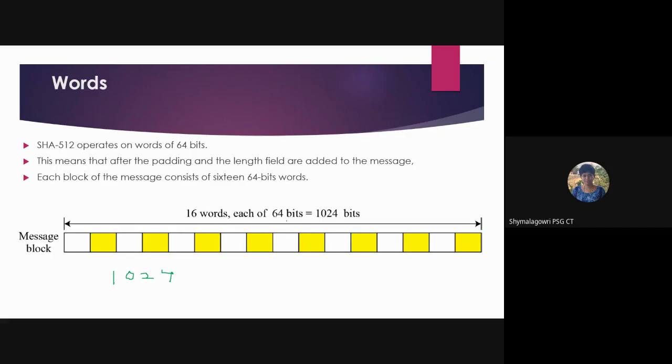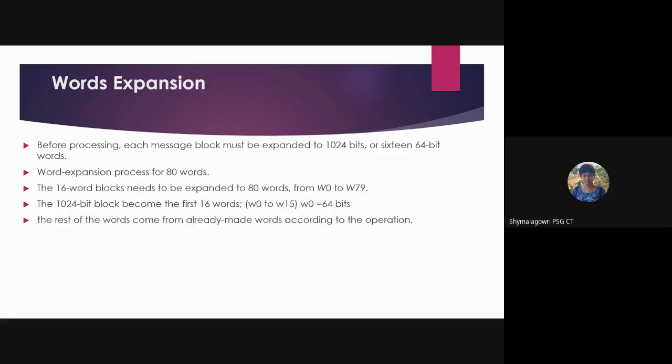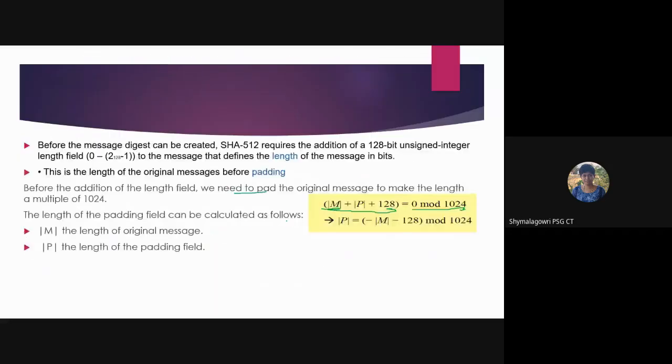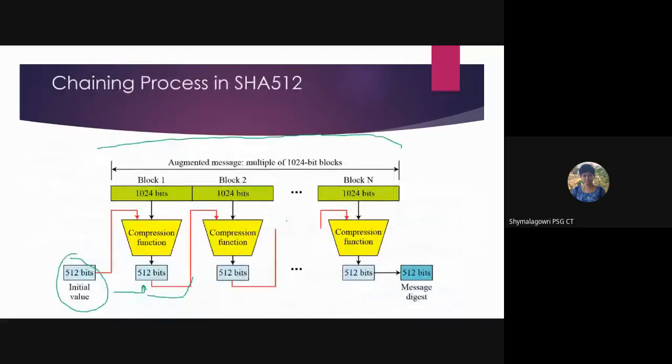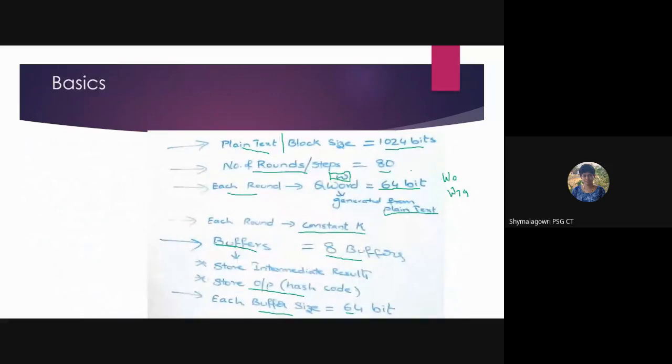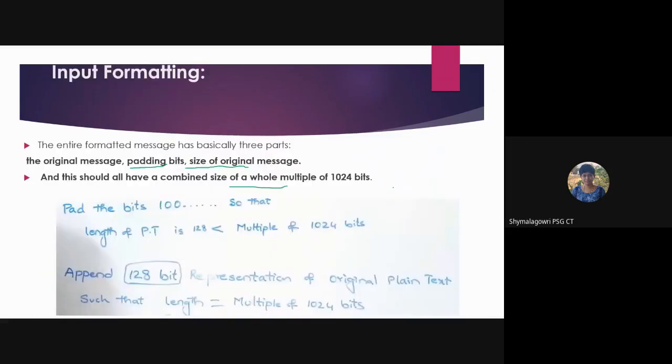As we discussed earlier, there are 80 rounds, and each round is going to make use of a key word W, which is going to be 64 bits. Now, this is the point that we are going to discuss. How are we going to generate 80 different words to be given as input to the 80 rounds? And each word has to be 64 bits.